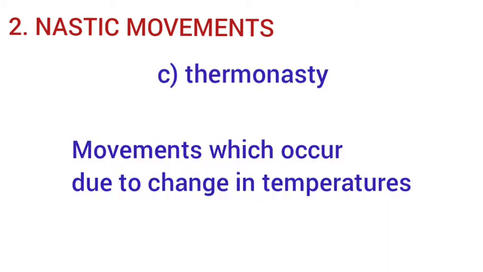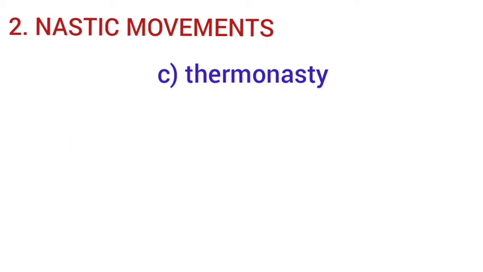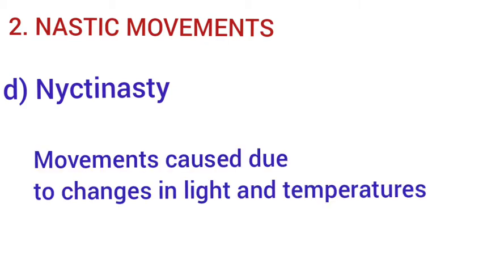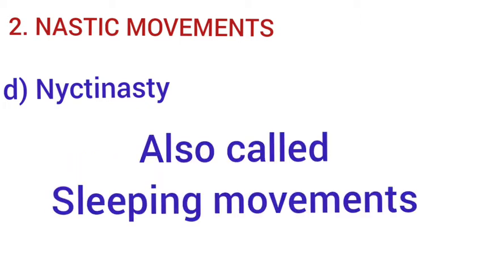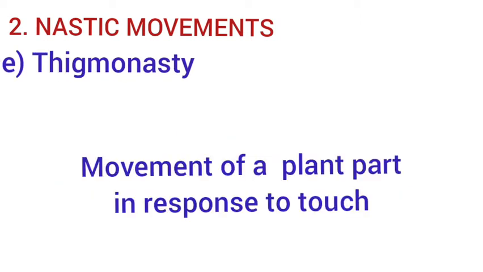Movement in plants which occur due to change in temperature. It is thermonasty. Movements caused due to variations in light and temperature are called nyctinastic movements. It is also called sleeping movement. The non-directional movement of a plant in response to the contact of an object is called thigmonasty.